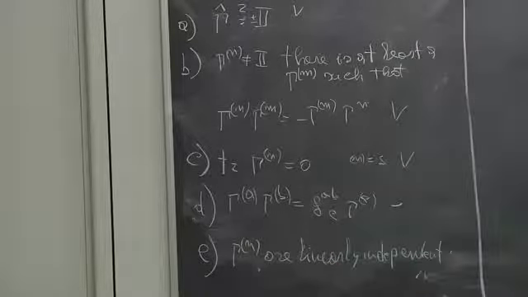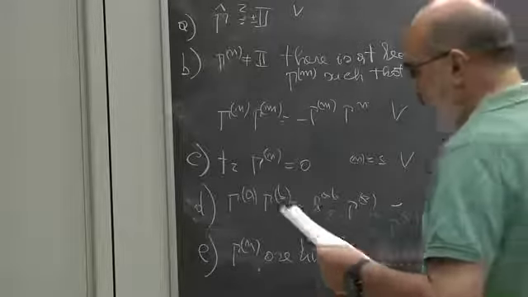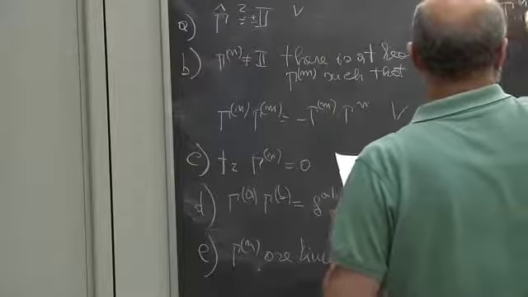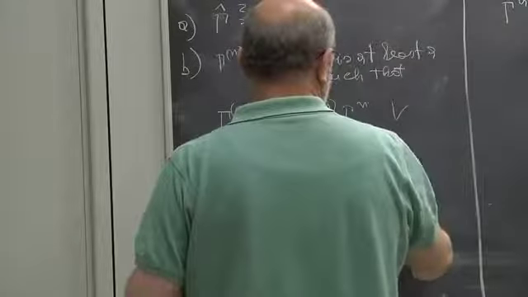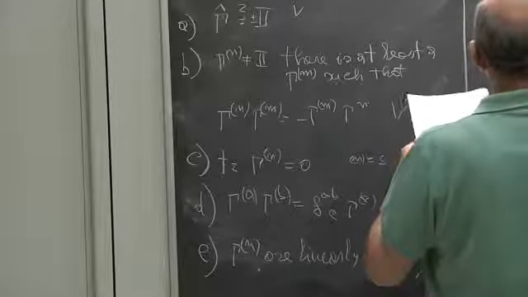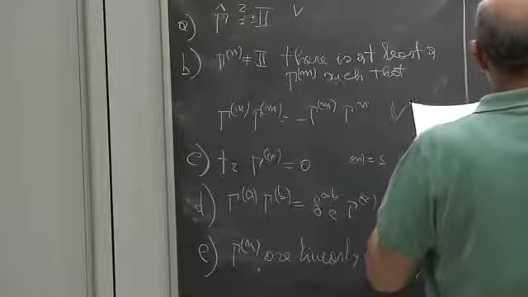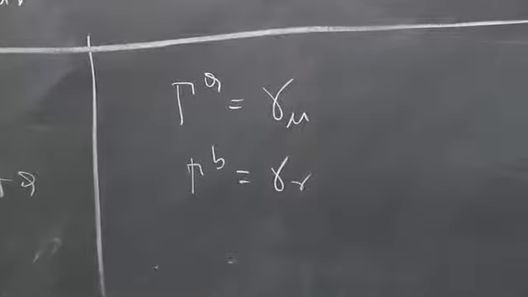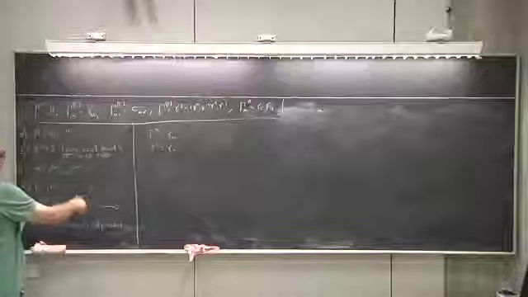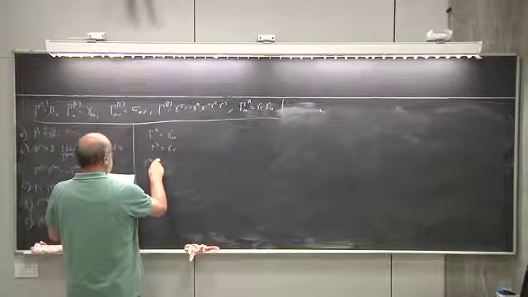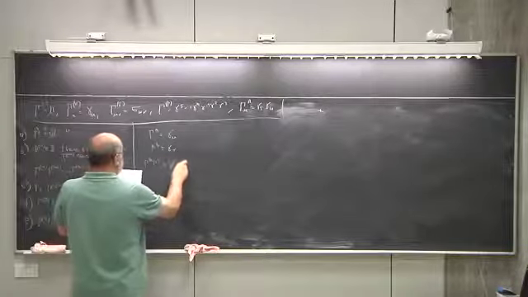For example, let's take for gamma A, so we are checking these now, gamma mu, and for gamma B, let's take gamma nu. Then we have to prove that the product of the two can always be written as a combination with some coefficient of a gamma C. Well, gamma A gamma B is equal to gamma mu gamma nu.